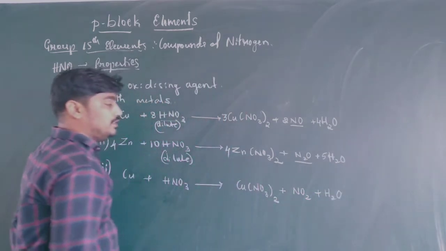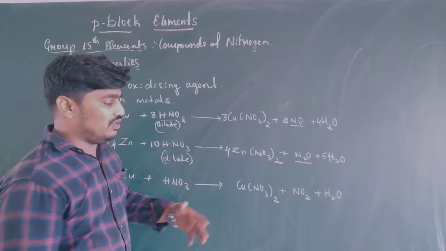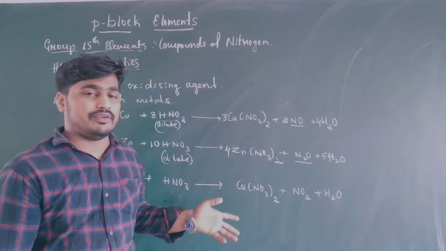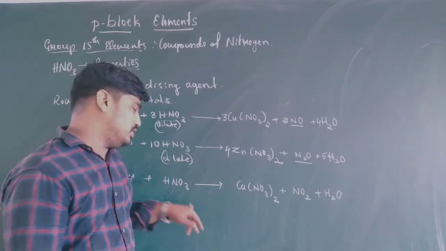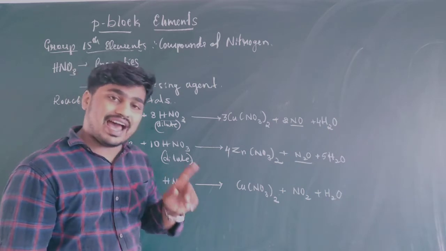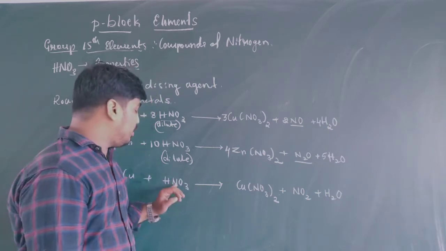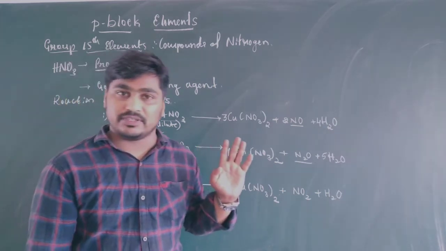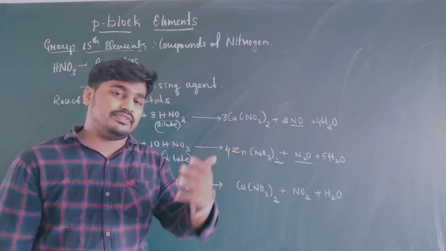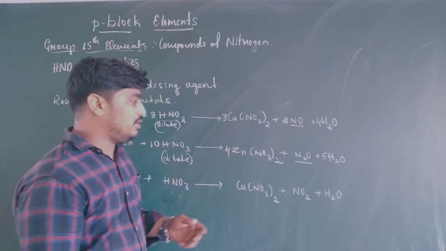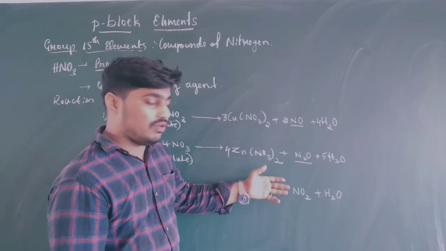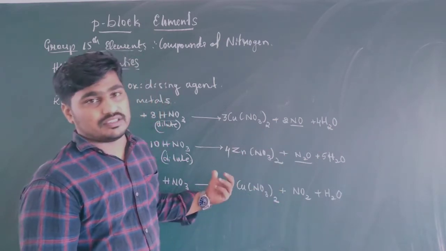Just observe the reaction. The formation of different types of oxides is completely dependent upon the concentration of nitric acid, and in nitric acid, nitrogen shows variable oxidation states. Nitrogen has different stable oxidation states. Because of that, different types of oxides form with metals.